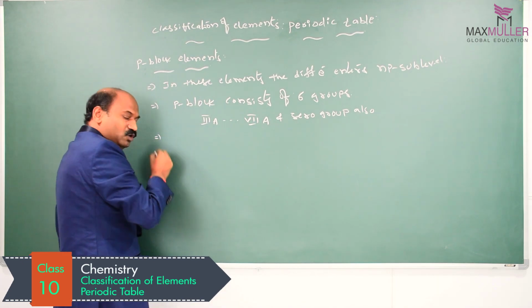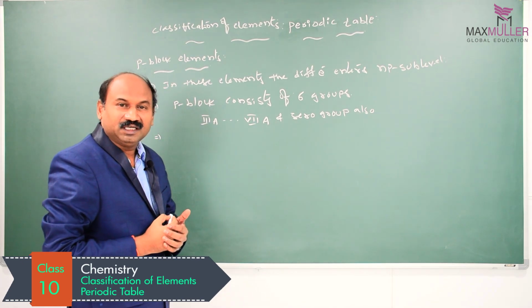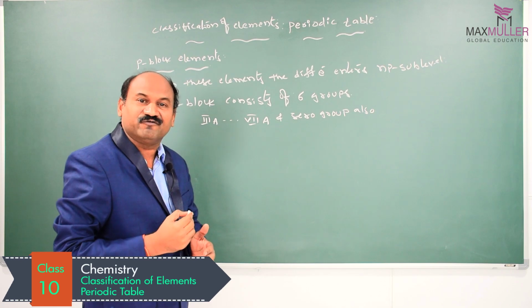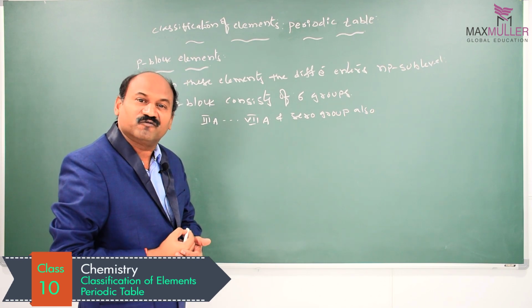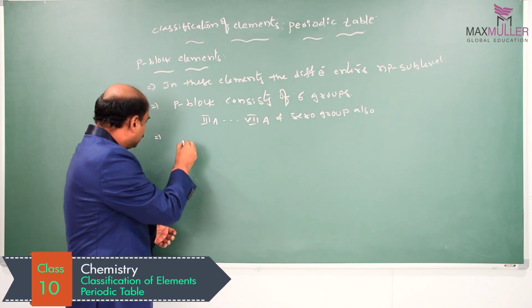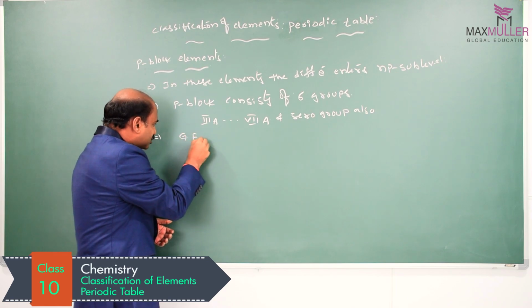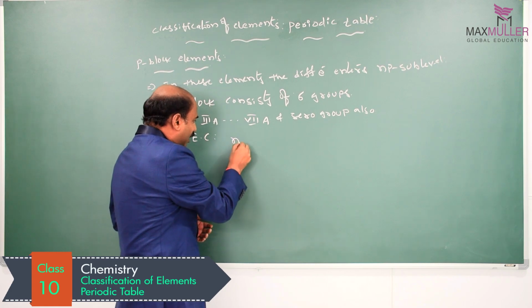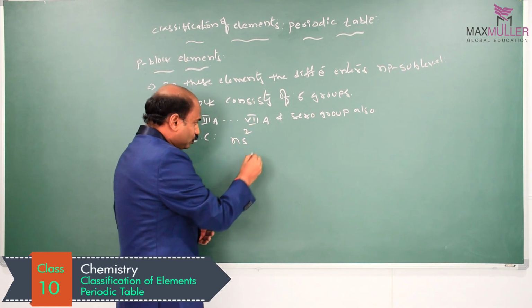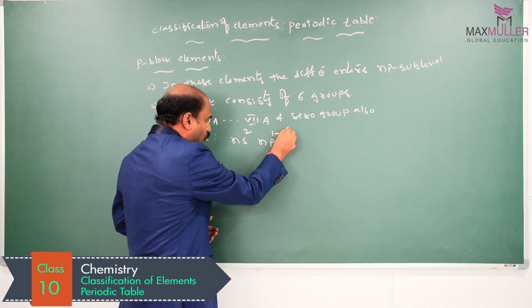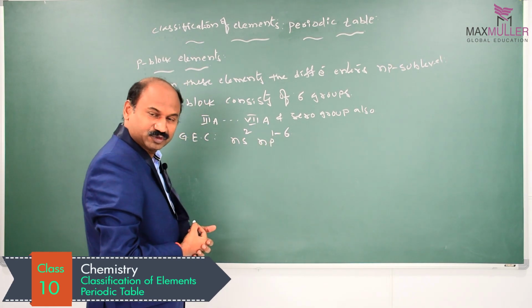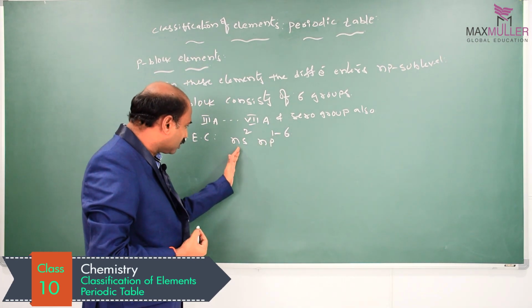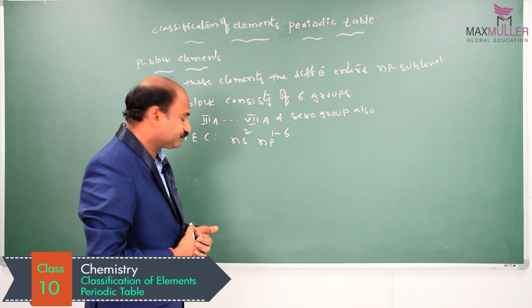Now, what is the general valence configuration of p block elements? The general valence electronic configuration is ns2 np1-6.